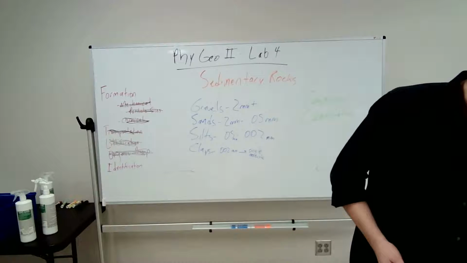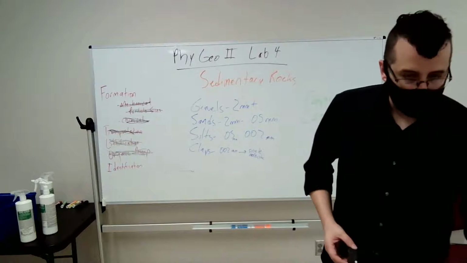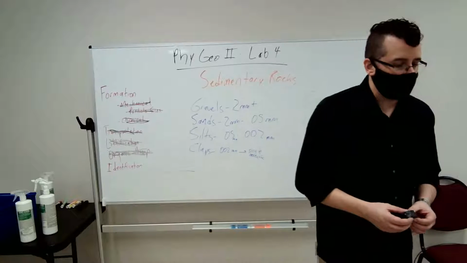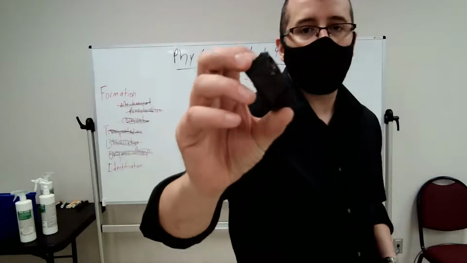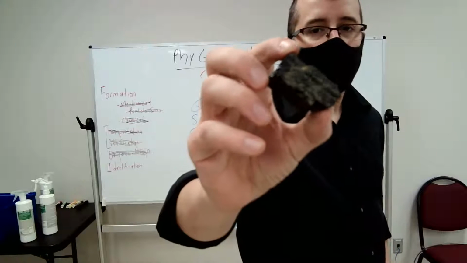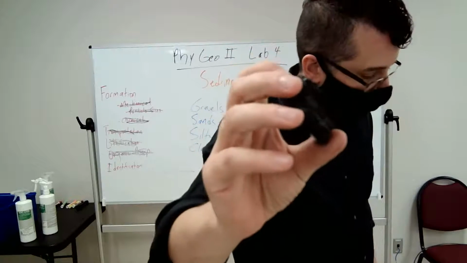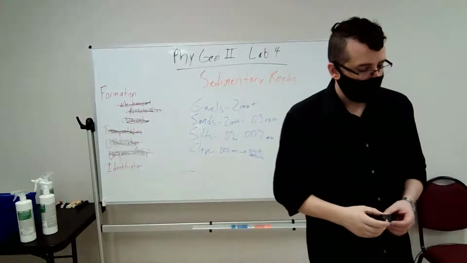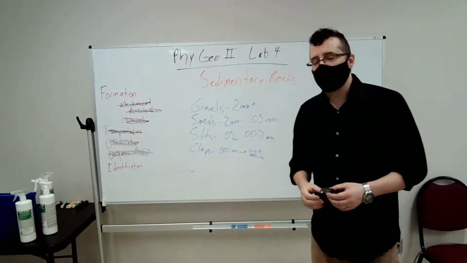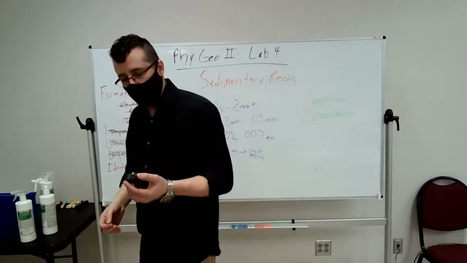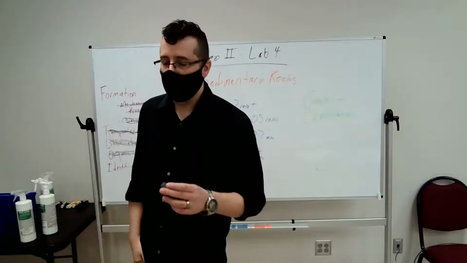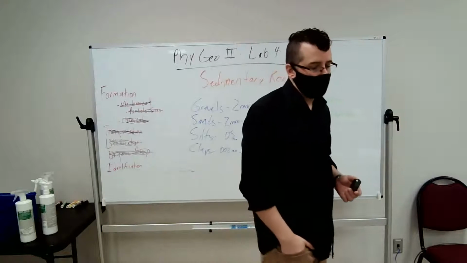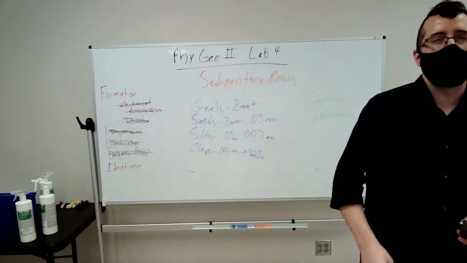All right. And last but not least is bituminous coal. This is a chemical sedimentary rock. Show this one here. Kind of shiny. Okay, so the difference between coal and what we have been working with previously is that coal is made from wood and other plants, parts of plants.